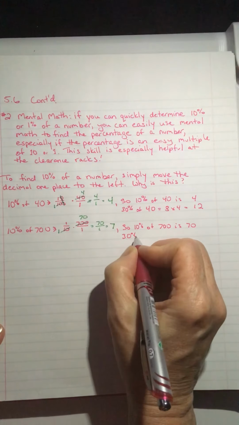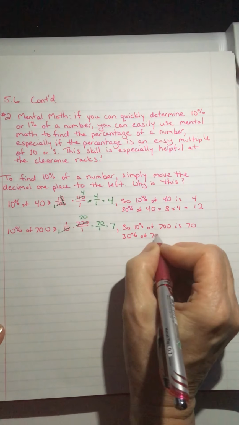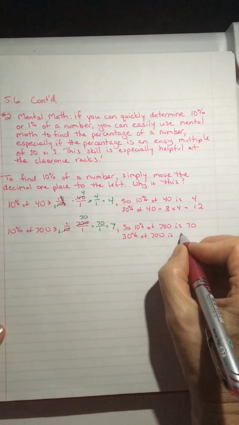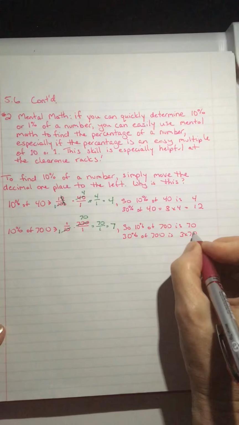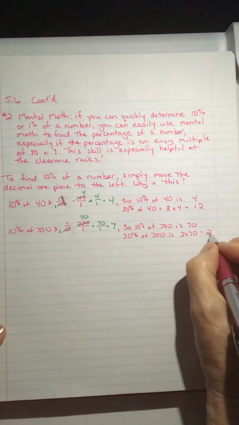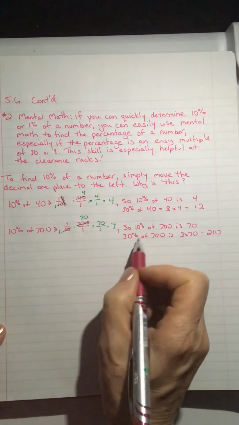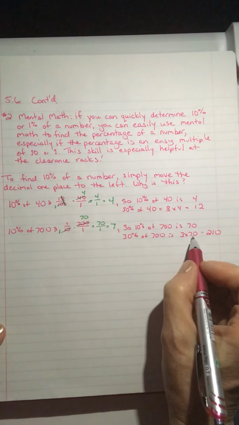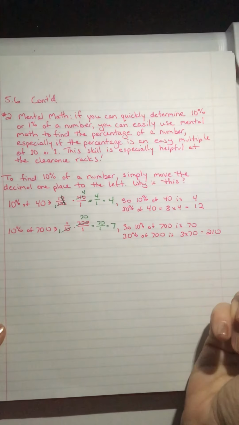30% of 700 is 3 times 70, which equals 210. Now, if this was 40%, there would be 4 times 70, or 280. Okay?